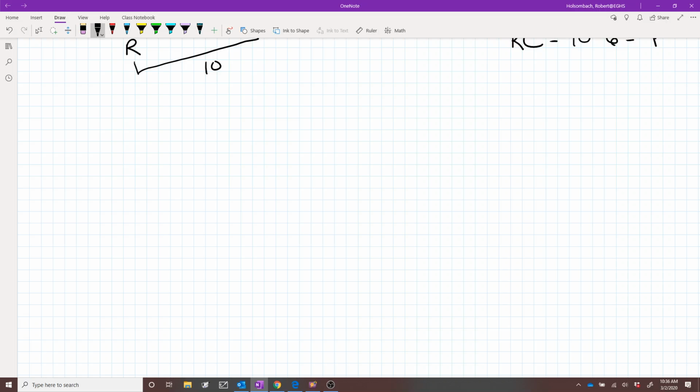Alright, circumference. The circumference of a circle is equal to 2 times pi times the radius, or pi times the diameter. You can use either formula; you'll get the same answer.